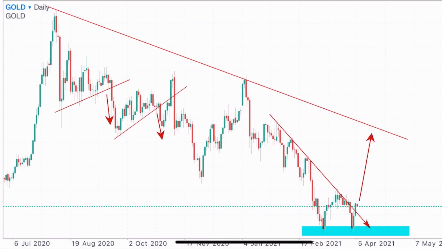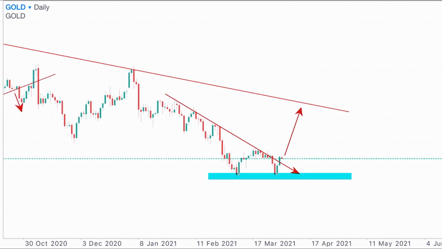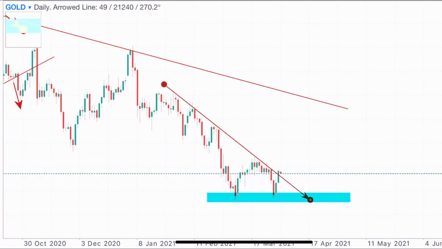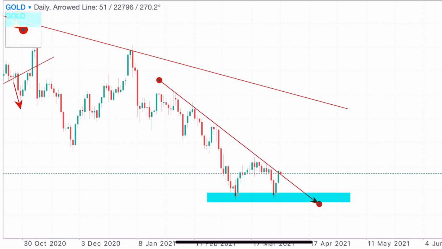So what you need to do with this one, we just need to go to the daily time frame. And when you go to the daily time frame, you want to find this trend line that I'm drawing here, right? So this trend line, you're just gonna adjust it like this. You understand? Yeah.